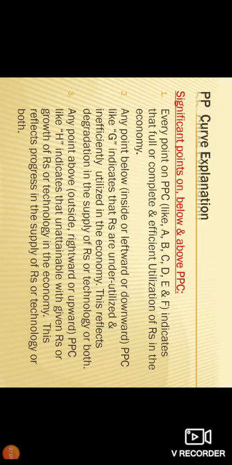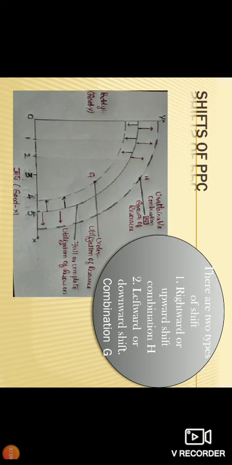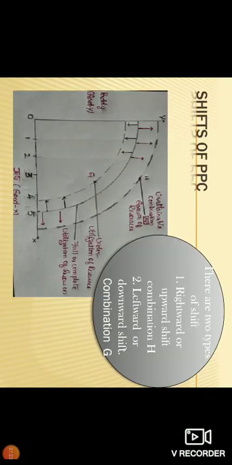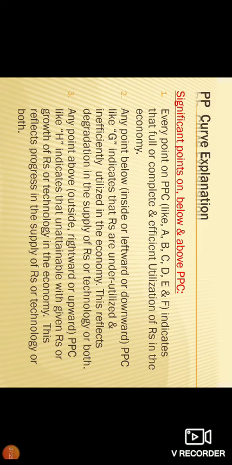Let us imagine, we have already discussed all the points on the production possibility curve. Already we had one curve, A, B, C, D, E and F. Every point on the production possibility curve indicates that resources are completely and efficiently utilized.